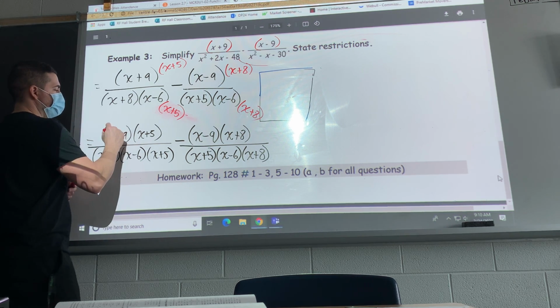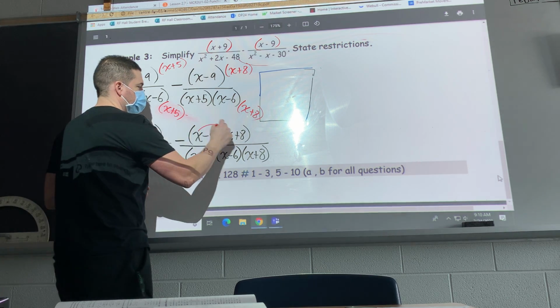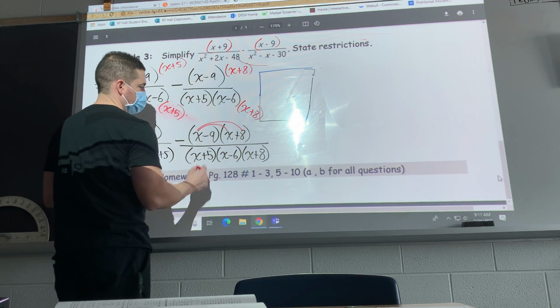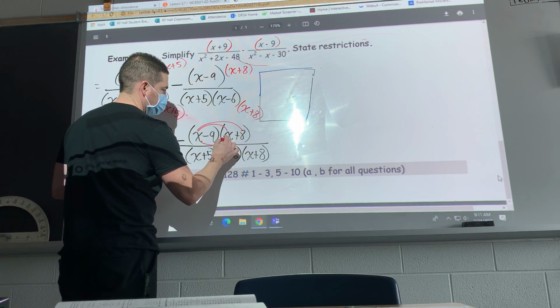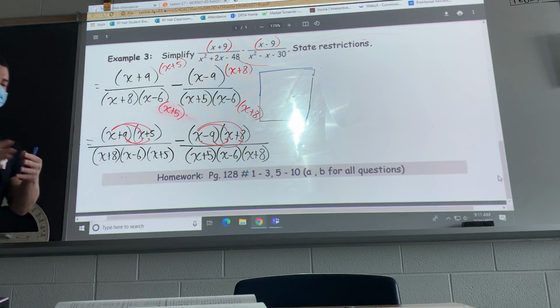So what we're going to do is expand now the numerators. Do not expand the denominators. That would be a disaster. That would take forever. You get 8 terms. But I'm going to bring the fractions together.